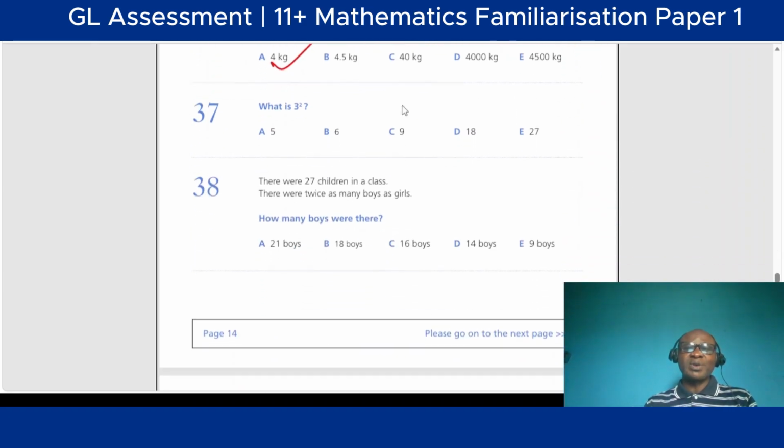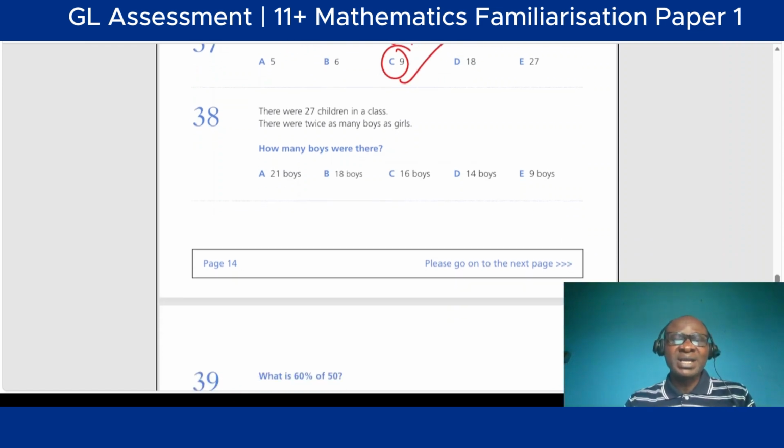What is 3 squared? 3 squared means 3 multiplied by 3. And the correct option is option C. We go to question number 38. There were 27 children in a class. There were twice as many boys as girls. How many boys were there? If the boys were twice the girls, the ratio of girls to boys is 1:2, so the total ratio is 3.